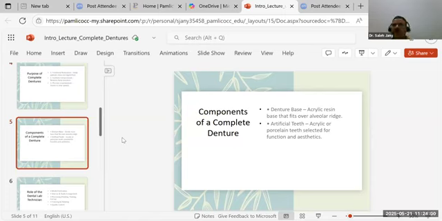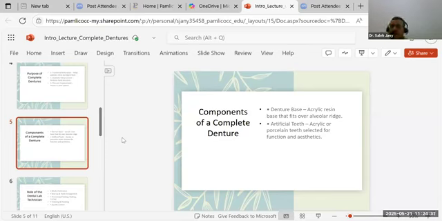Most complete dentures we make with acrylic, but nowadays there's zirconia. We can use zirconia. Sometimes in the college, people with a master's degree use a metal plate, especially in the upper denture. The metal plate they think will make it lighter, but the denture teeth are made of acrylic, so retention will be different.